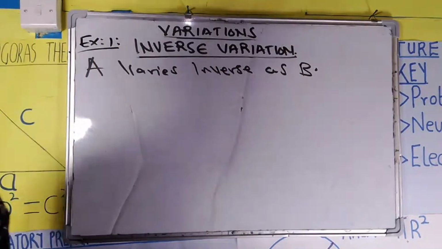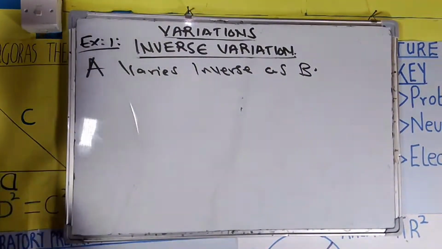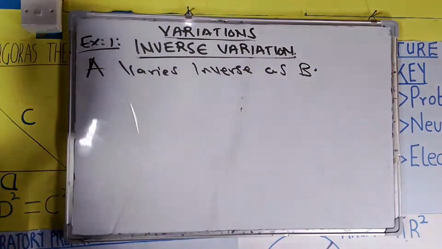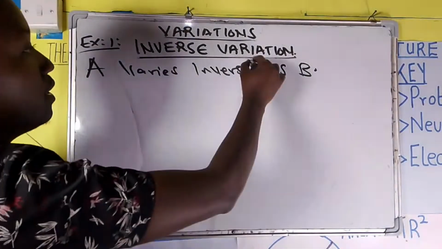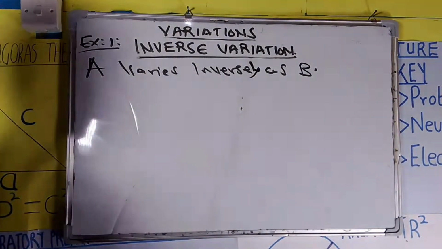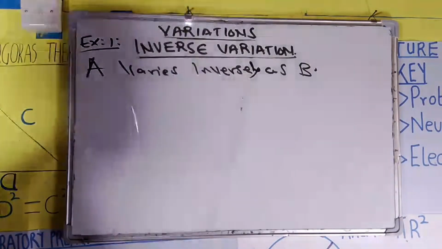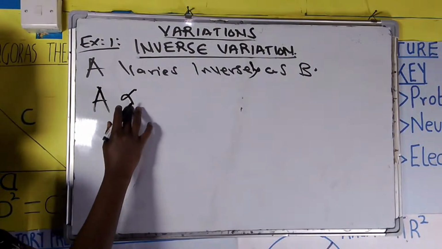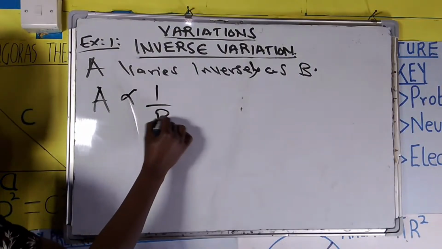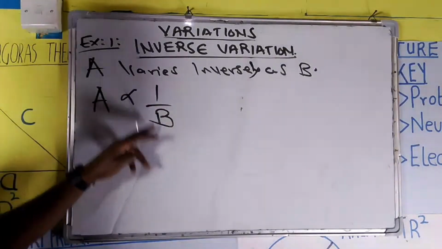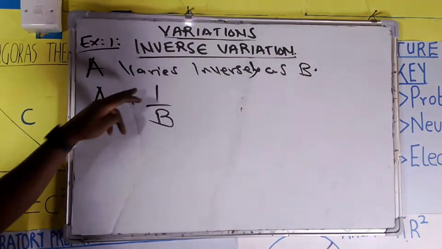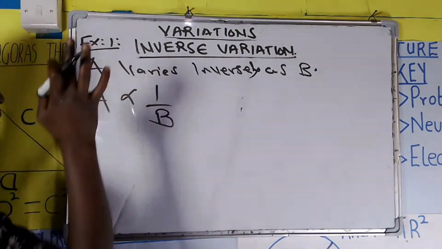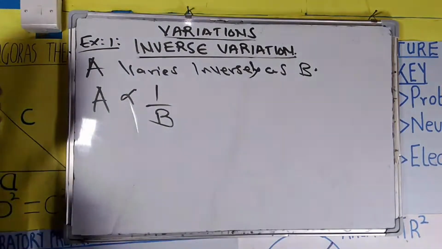How are we going to go about this? A varies inversely, not inverse. A varies inversely as B. So it will be A varies as 1 over B. Why 1 over B? It is the reciprocal. So A varies inversely as B.